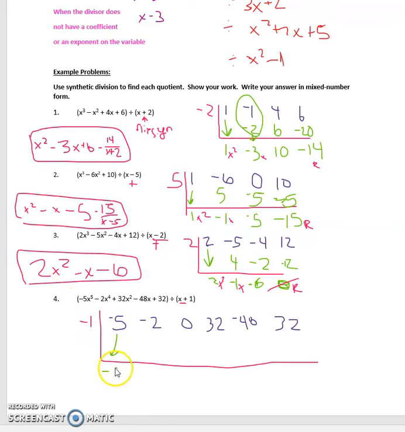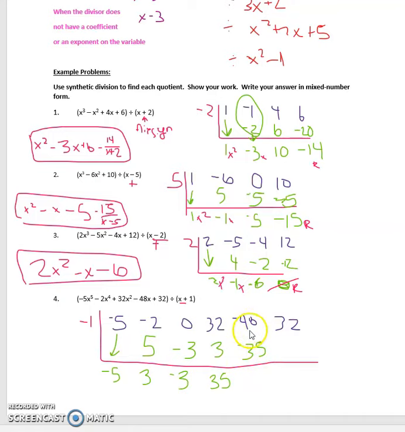Bring this negative 5 down. Negative times negative makes positive, so this is positive 5. Negative 2 plus 5 is positive 3. 3 times negative 1 is negative 3. 0 and anything is just itself. Negative 3 times negative 1 is positive 3. 32 plus 3 is 35. 35 is going to be negative 35.